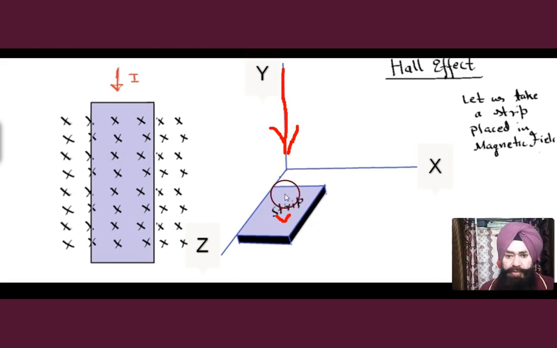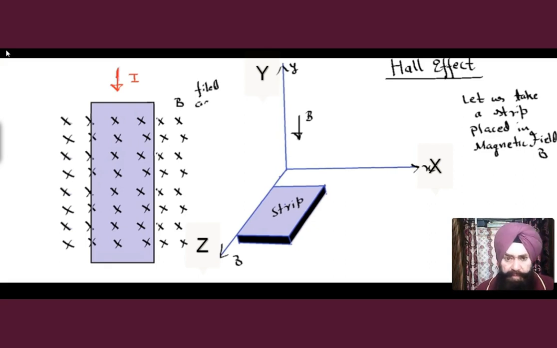The field is perpendicular to the strip. The magnetic field is perpendicular to the plane of the strip. Okay, the coordinates are x, y, z. So this is the direction of the magnetic field.